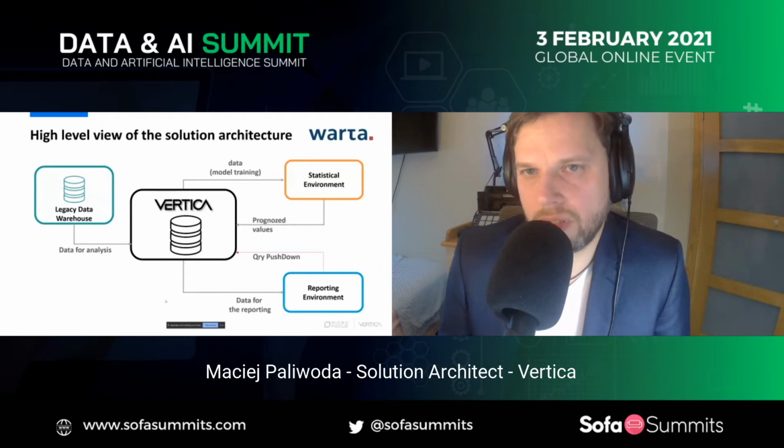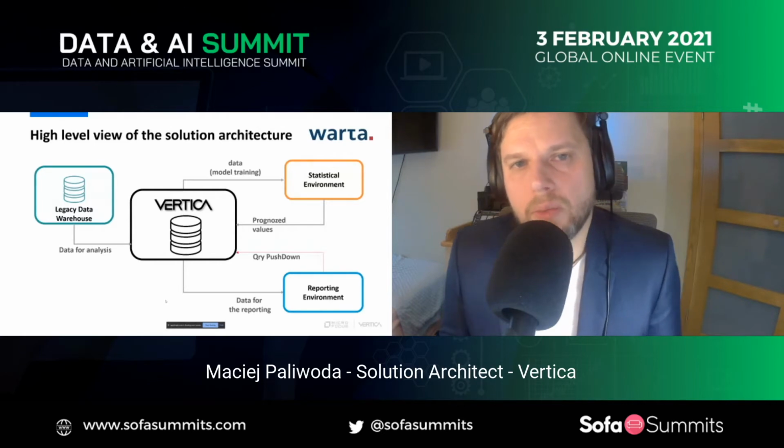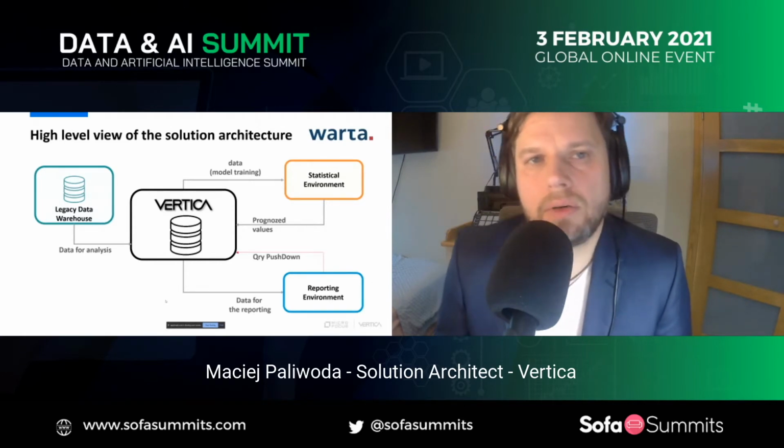replicated to Vertica. During the transformation, some additional enhancement of the data was done. Also, as a part of the deployment, there was a component that was periodically moving the deltas from the legacy data warehouse to Vertica to keep the data up to date.